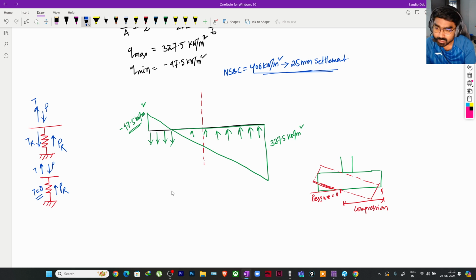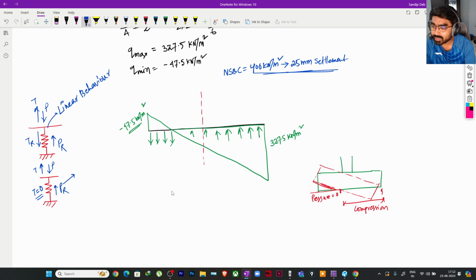So now you understand that the soil doesn't work the way we calculate here, right? This negative value will not come. So that means the spring has stopped working, whatever result we are getting from the linear analysis or from this linear spring. So this is the linear behavior.